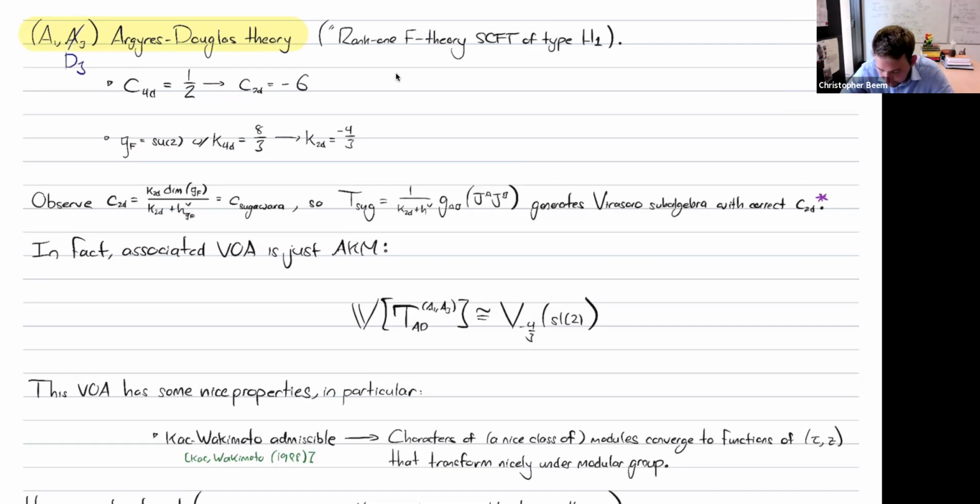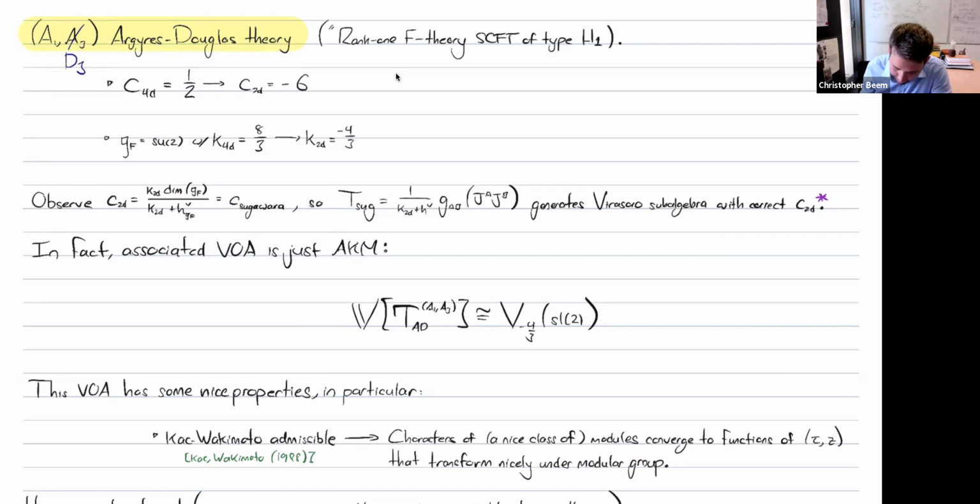This theory has another name, which is the rank 1 F theory SCFT of type H1, if one is familiar with the F theory construction of low rank SCFTs. What do we know about this thing a priori? So let's get somewhere without doing a whole lot of work. The 4-dimensional central charge is a half, which gives us a 2D Virasoro central charge of -6.